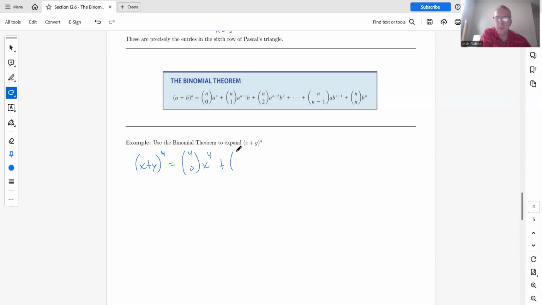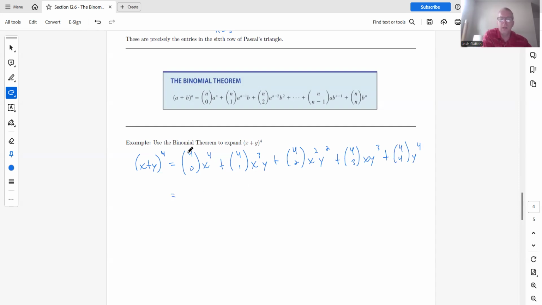The next term will be 4 choose 1, x to the 3rd, y, plus 4 choose 2, x squared, y squared, plus 4 choose 3, x y cubed, plus 4 choose 4, y to the fourth.